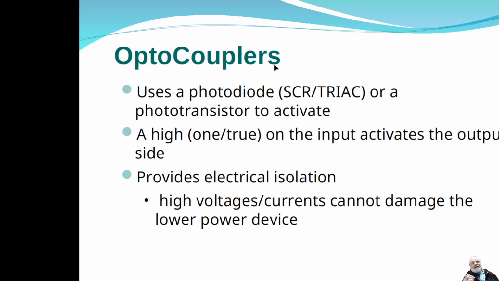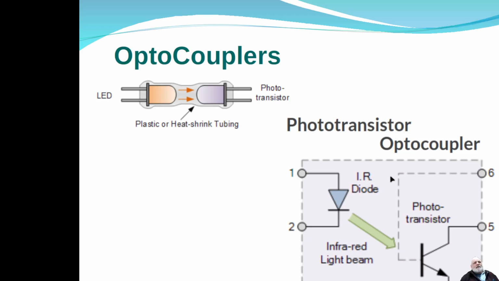But the difference here is you get 100% electrical isolation. So you don't have to worry about voltage spikes and things on the power end coming back into your controller and frying your controller. Okay, so that's the great advantage of an optocoupler.